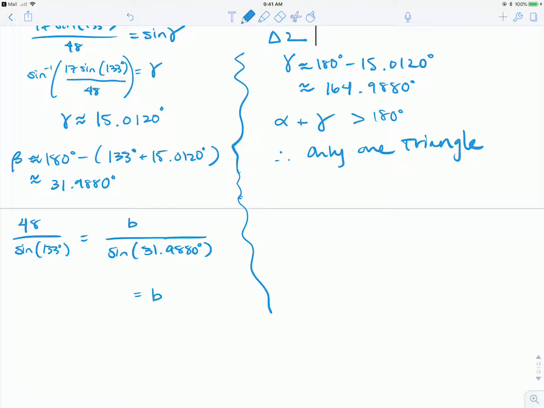So B equals sine of 31.9880 degrees times 48 over sine of 133 degrees.